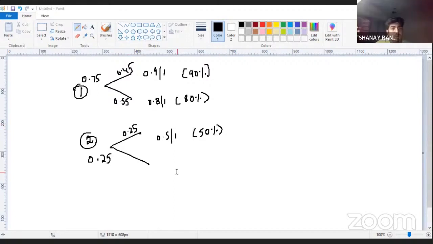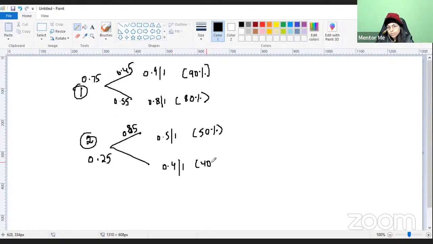No, not 0.25, it will be 0.85. Okay, it is 0.85, let's write 0.85. And the other thing that can happen is that we are able to recover 0.4 of every $1. That is, we will recover 40%. And what is its probability? That's 0.15. Sorry, 0.15.